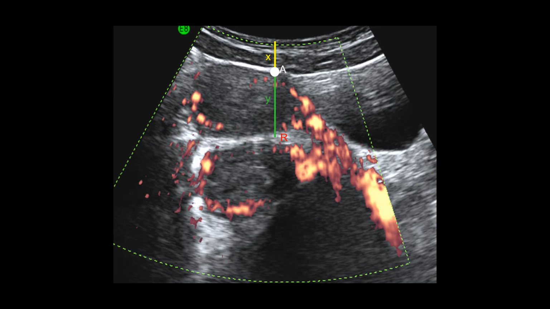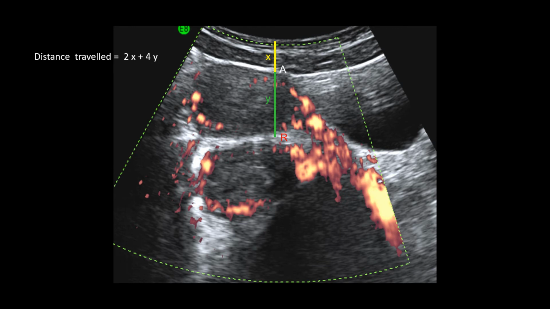Add to this another y because of the reflection from R to A, and a third y because of coming back from A to R, and finally a fourth y and a second x because of the reflection from R back to the transducer, end of journey. So all in all, this impulse has traveled a distance of 2x plus 4y.